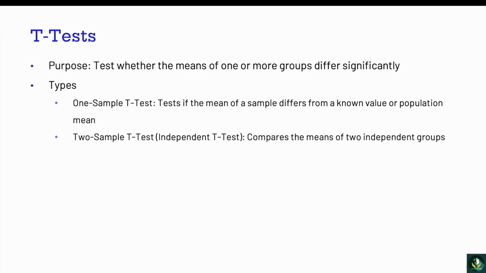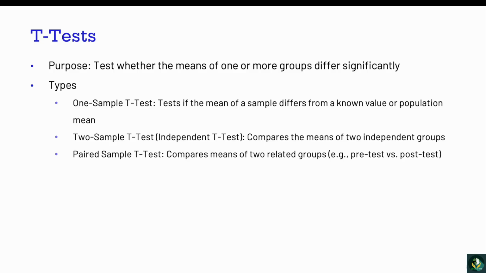Then we have two sample t-test, which is also called independent t-test, which compares the means of two independent groups. We also have paired sample t-test. This compares means of two related groups, for example pre-test versus post-test. Let's look at some example use cases.